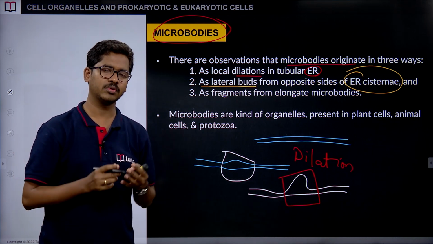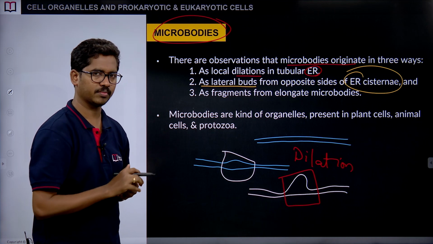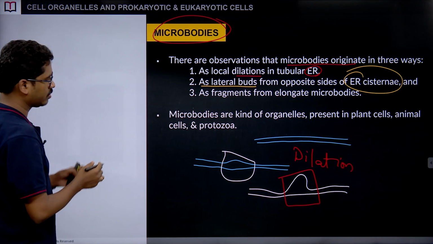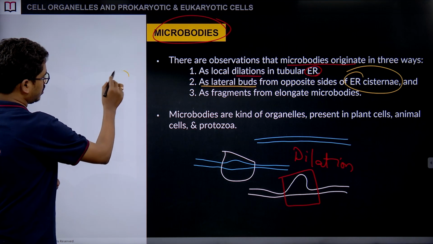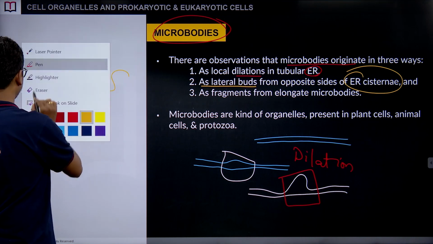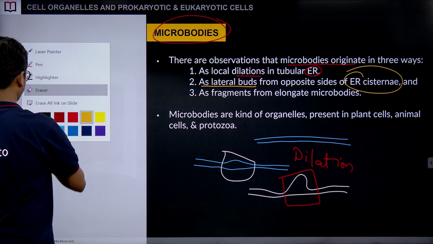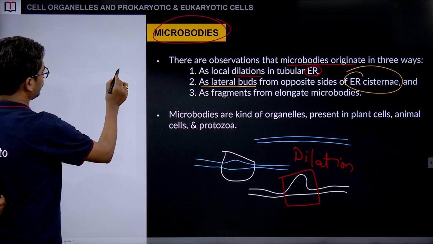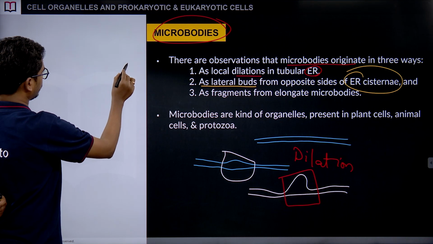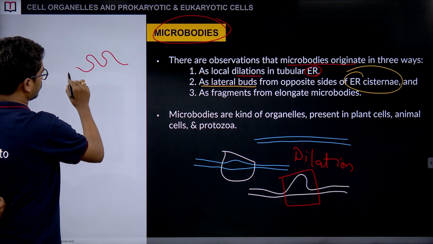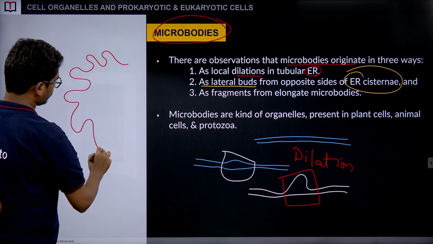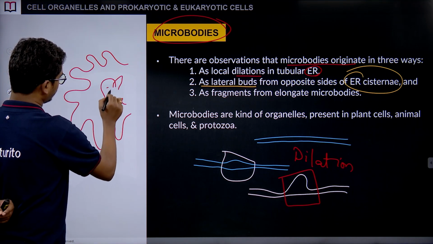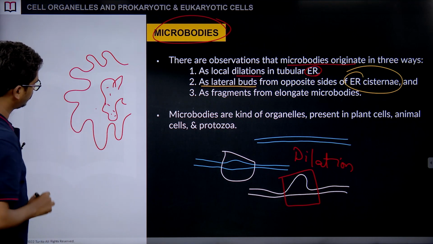I would like to draw it here. If you observe carefully, the ER would look like this. It was having different structures, there were a few dots available, something like this.